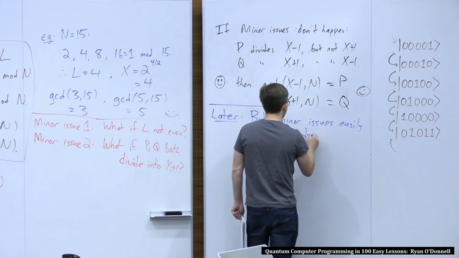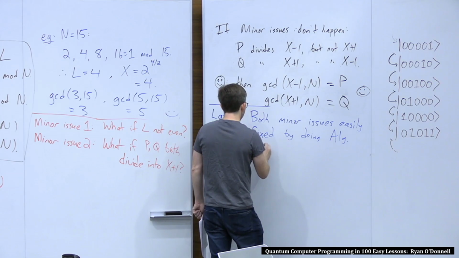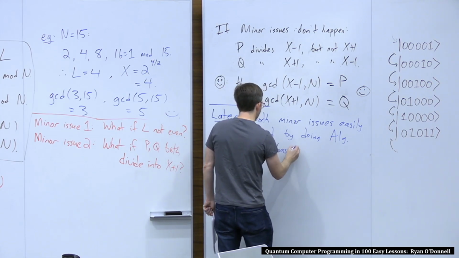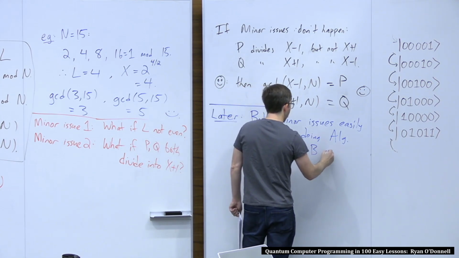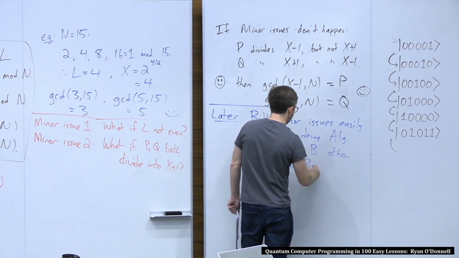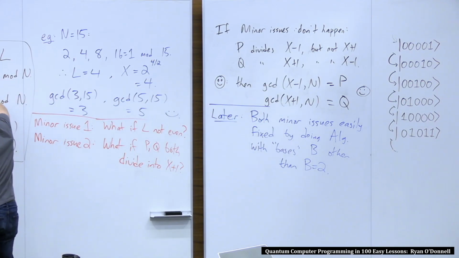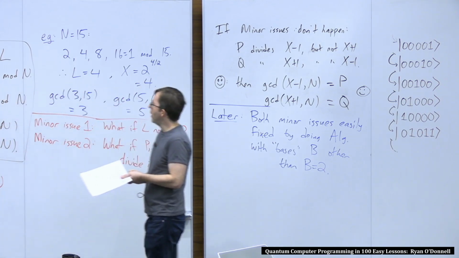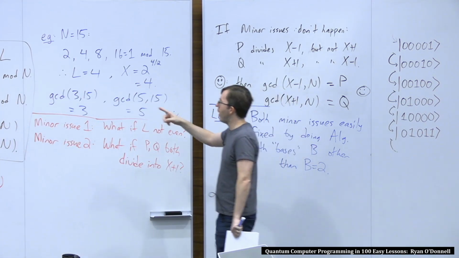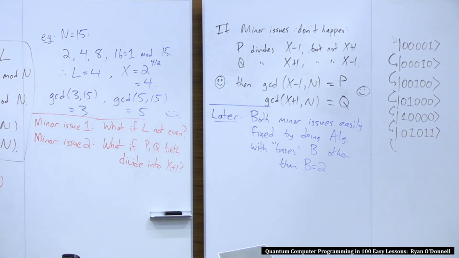by doing the algorithm with some bases, I'll say b, other than b equals 2. Let me explain in words what I mean. Here's what I mean by base 2. It's this number here. If you look at our justification for everything, it didn't actually rely on the fact that this number was 2, that we were computing powers of 2. This was the whole explanation for why it should work right here.